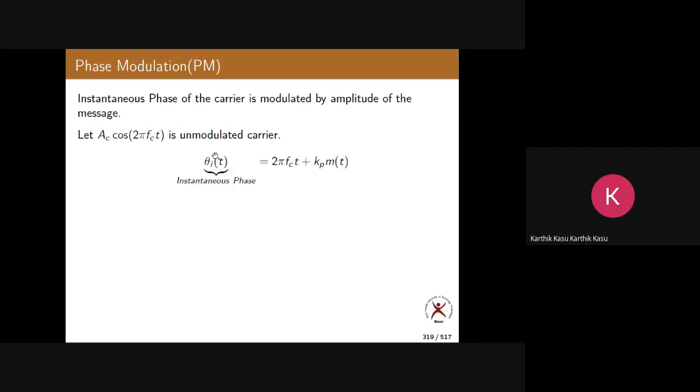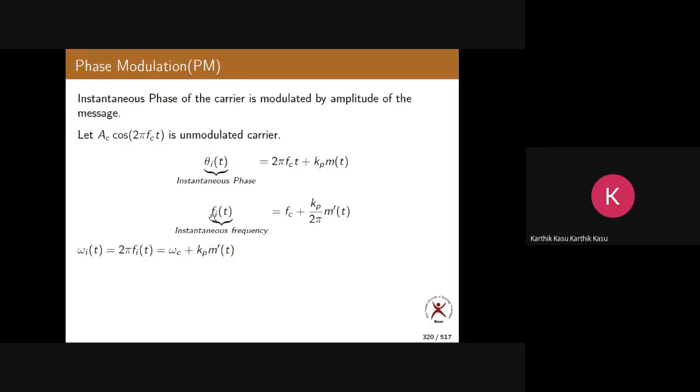As the definition says, the instantaneous phase is changing according to the message signal m of t. This is the instantaneous phase of the phase modulated signal.